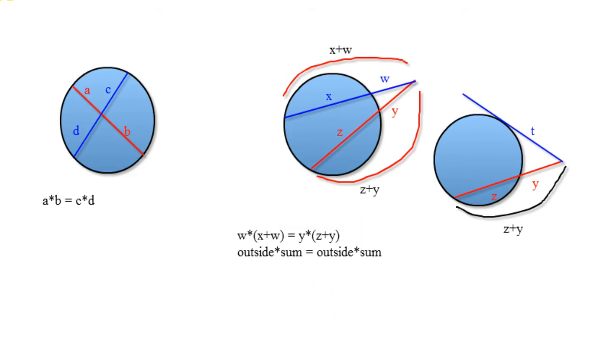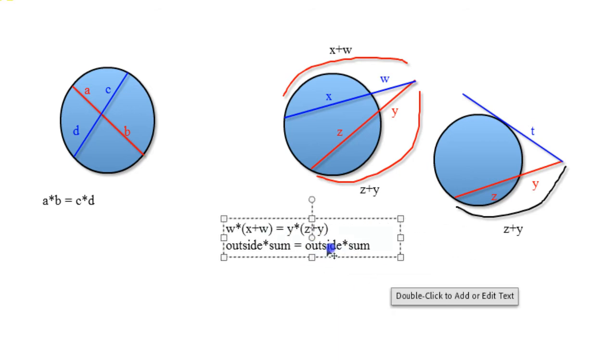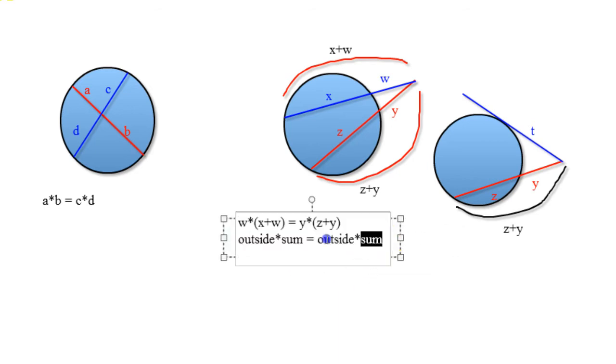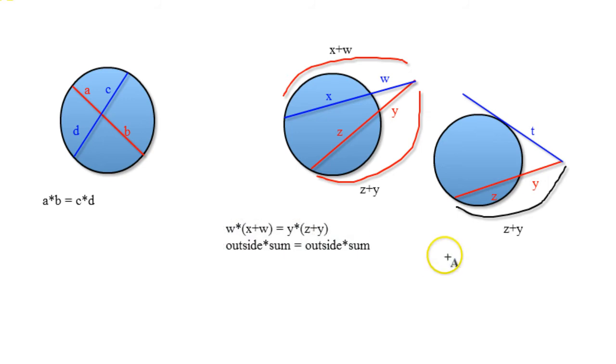Now on this one, if we carry the same idea over, sorry, let me get rid of this. Let's copy. There we go. If we carry that same idea out here, the outside times the sum, the right side is going to be pretty easy to see. It's going to be y times z plus y.